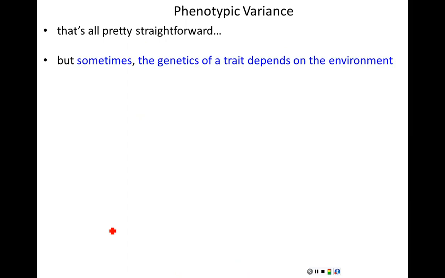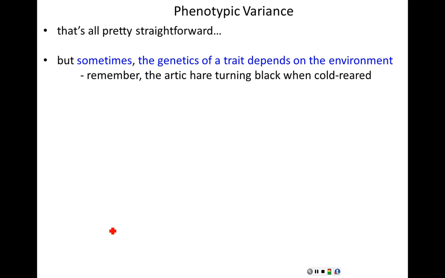That's all pretty straightforward. But sometimes the genetics of a trait depend on the environment. Remember that Arctic hare we talked about way back when with incomplete penetrance? It turns black when cold reared at its tips, at its coldest points, but it stays all white when it's raised in the warmth. This is an environment-specific effect, right? Because the temperature plays a role in the phenotype.